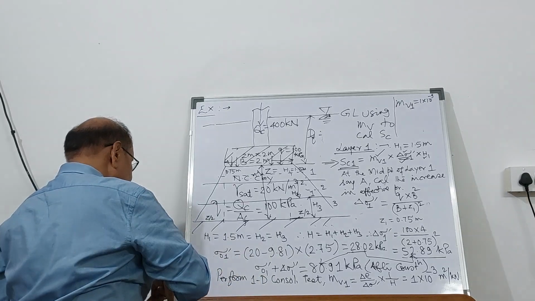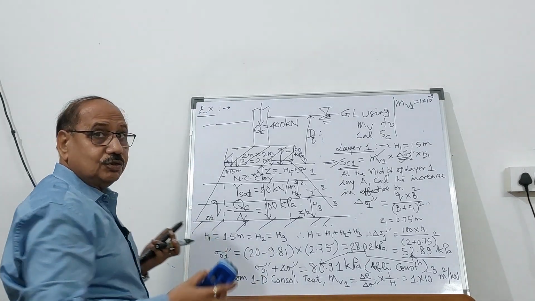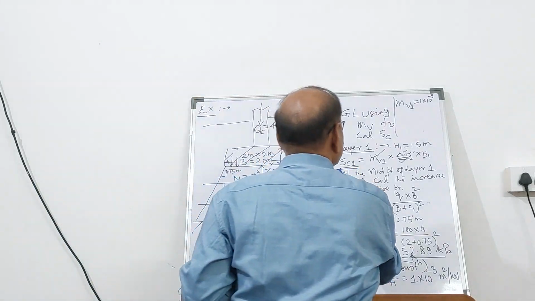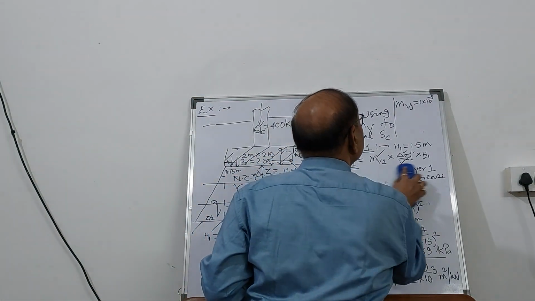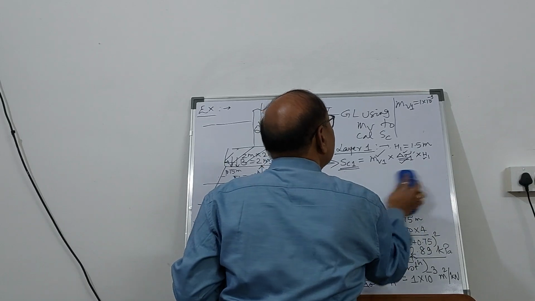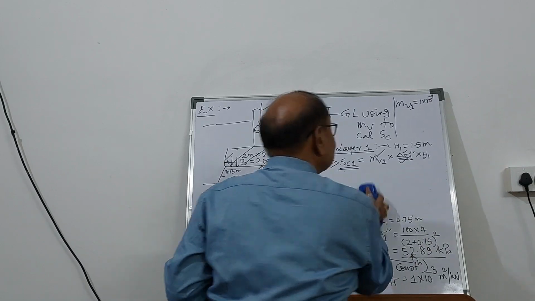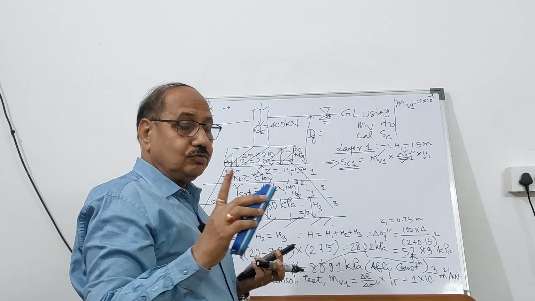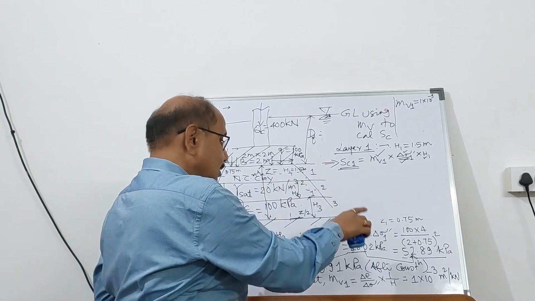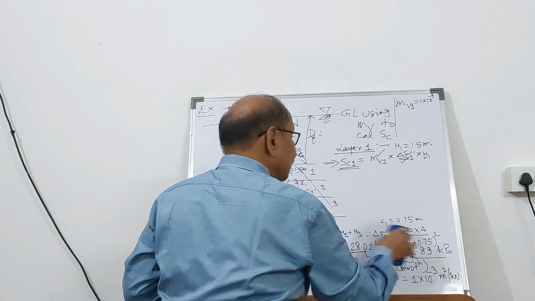So let us calculate this. I hope you understand the difference between MV1 and CC. CC has one unique value, whereas MV is specific to a pressure range.